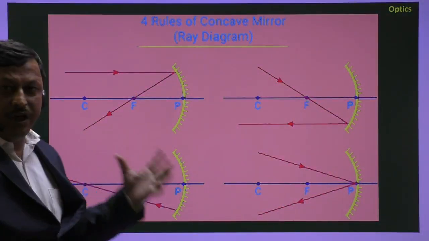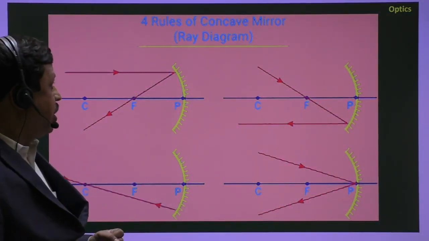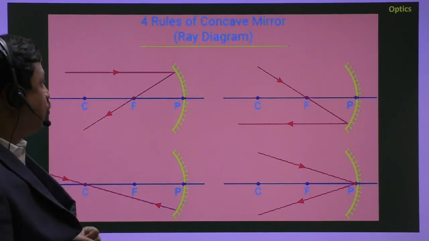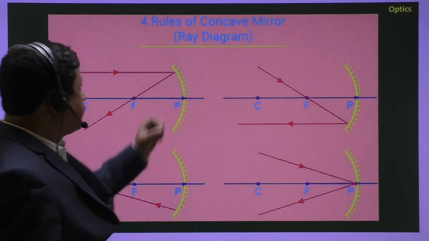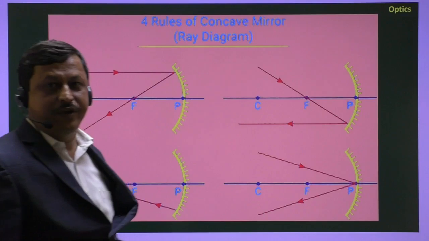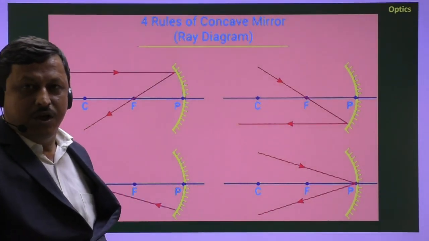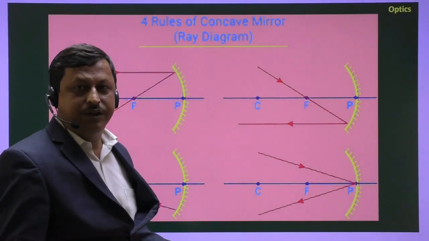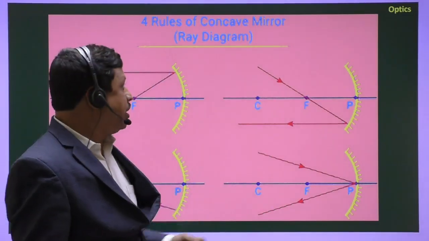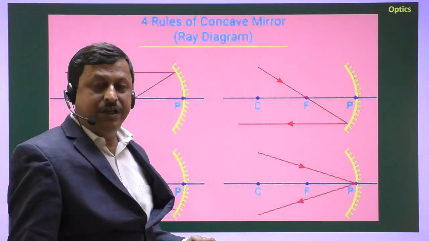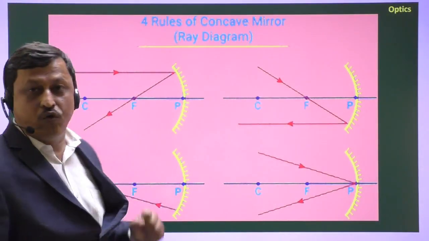when we draw the images, you have to maintain some rules. Rules for a concave mirror in the case of a ray diagram. When we draw the image formation or ray diagram, you have to follow these 4 rules.